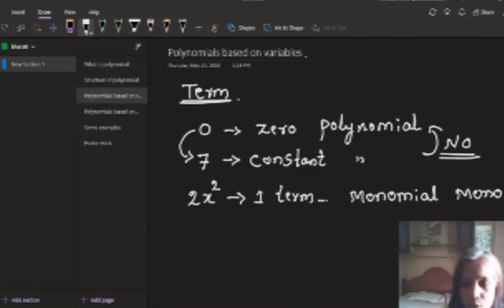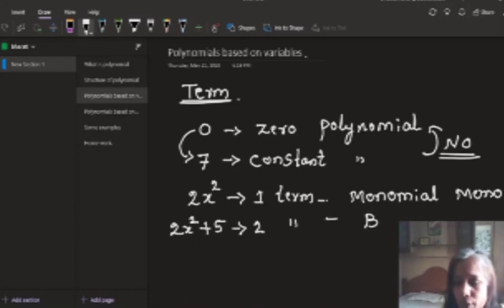Okay. Now let me go to the polynomial having two terms, like 2x square, we'll add one constant, say 5. 2x square plus 5. It has two terms. So we call it a binomial. Bi means two.